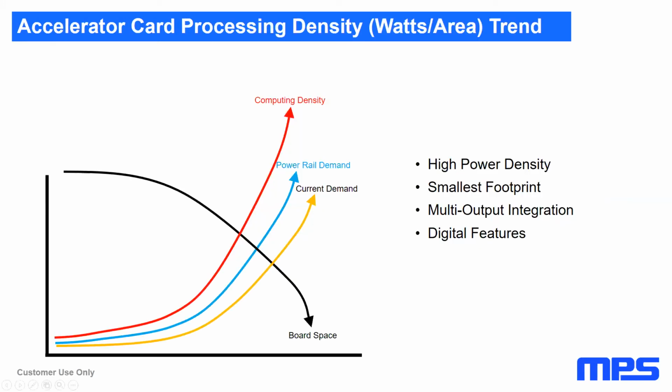What we're really seeing is a trend where computing density continues to be pushed higher. We're seeing that the total power is increasing, especially as the node voltages on some of the core devices for the FPGAs continue to drop. The core demand current continues to rise.